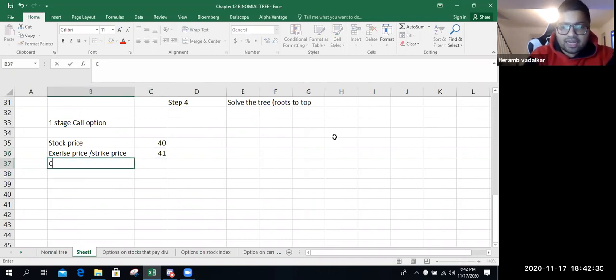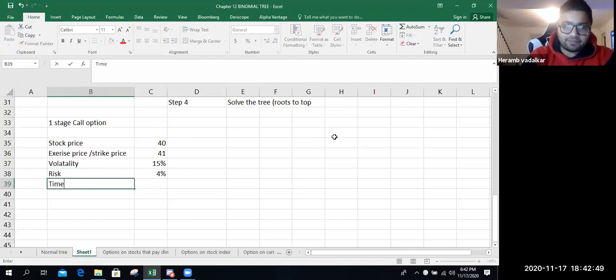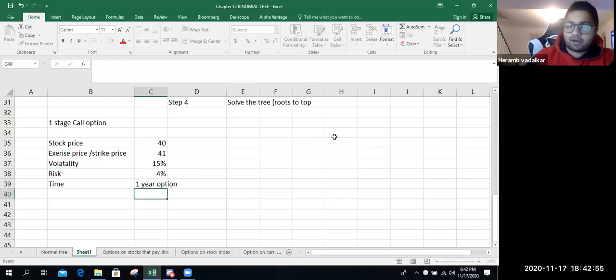The volatility of the stock is, let's say, 15%. The risk-free rate, let's say, is 4%. And time is given: it's a 1 year option. So these things are given to you.